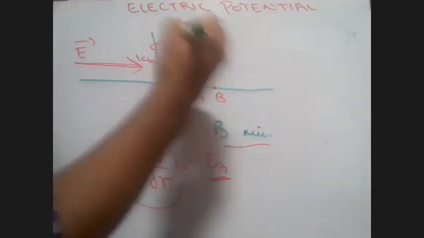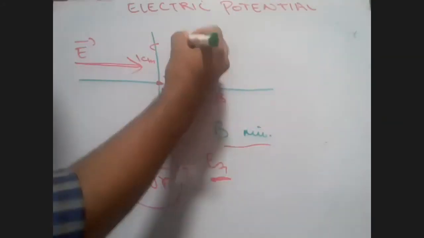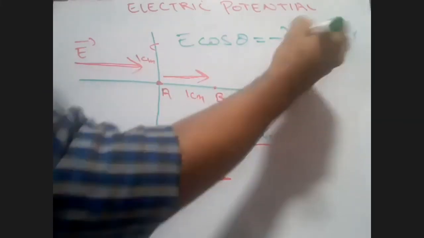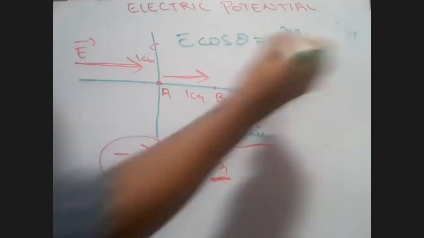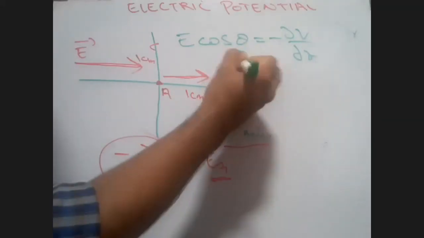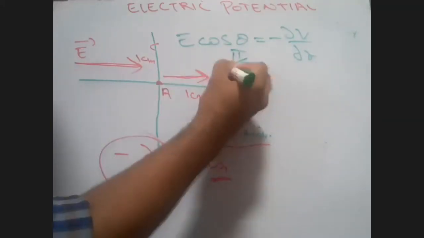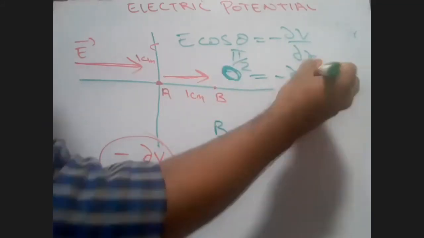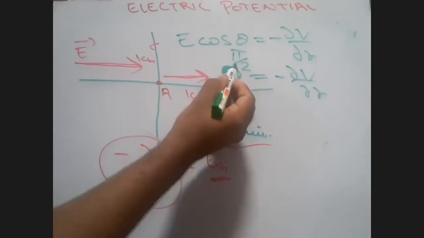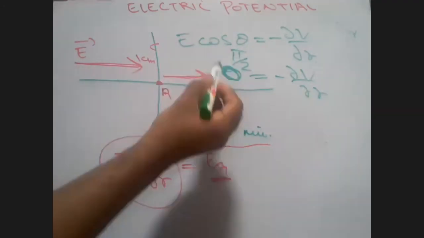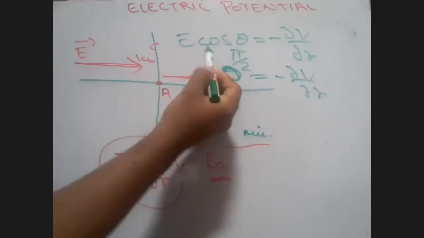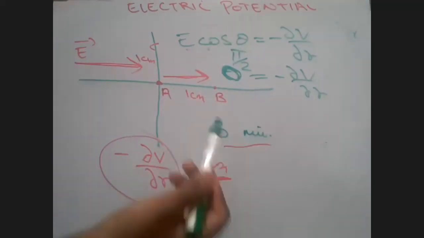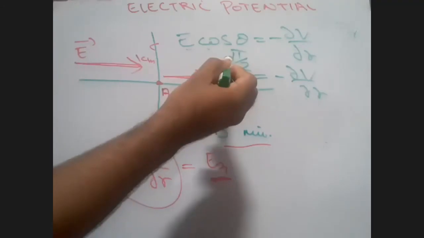I told you just now we derived that E cos theta is minus dV by dr. If cos theta is pi by 2, E becomes 0. So if the angle between the electric field and my displacement is pi by 2.